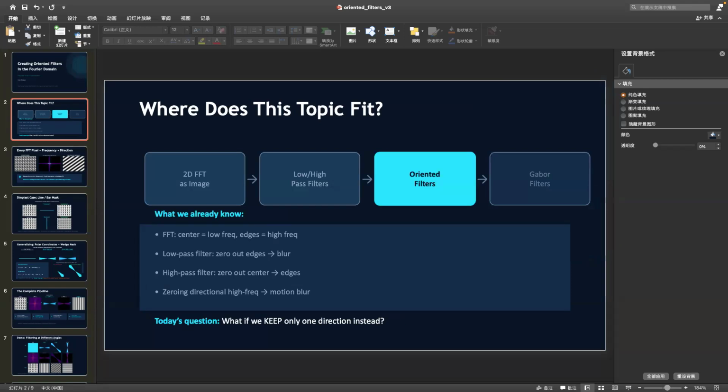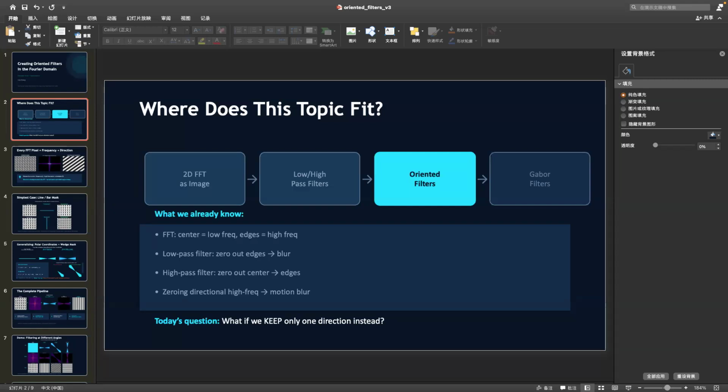Just a quick context on where we are. We already covered the 2D Fourier transform. We know that in the frequency domain, the center is low frequency and the edges are high frequency. We have already seen the low pass and high pass filters. When we zero out the outside, it blurs the image.